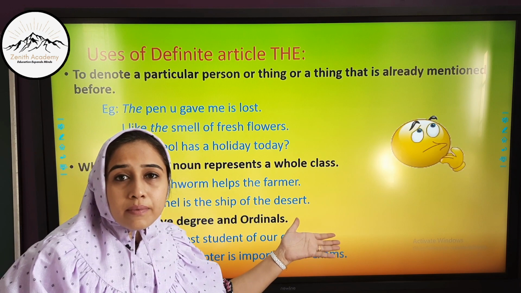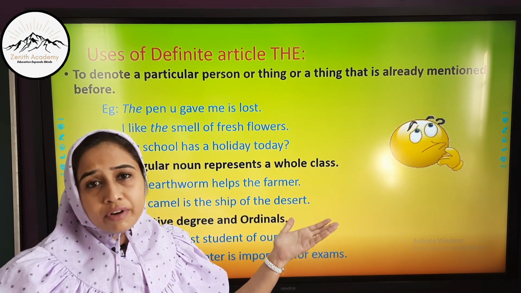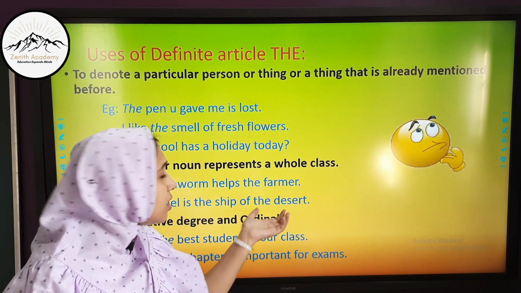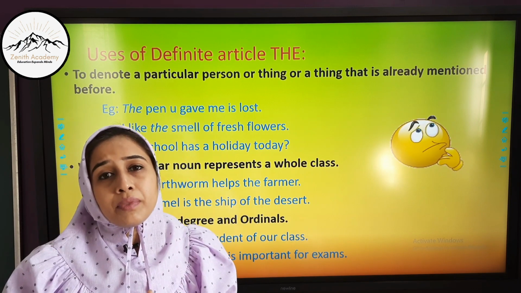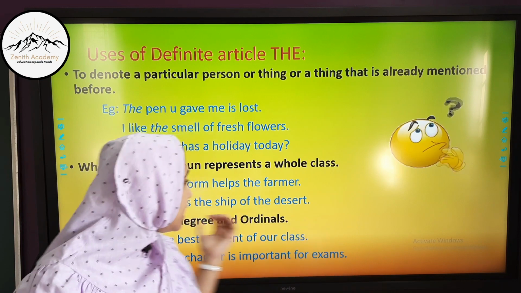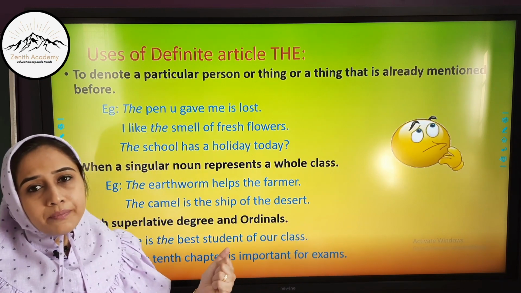Of the desert: all the landforms are divided into different parts like desert, mountains, etc. So here we are talking about the desert. All these things are definite. We have a clear picture in front of us when this sentence is spoken, and that is why the definite article the is used here.